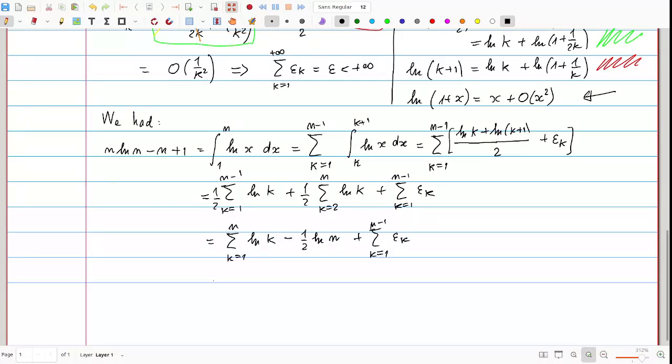And basically we are done, because, as we said before, the sum of the logarithms is the logarithm of the product, and the product of the numbers from 1 to n is n factorial. So here we have the logarithm we are looking for.